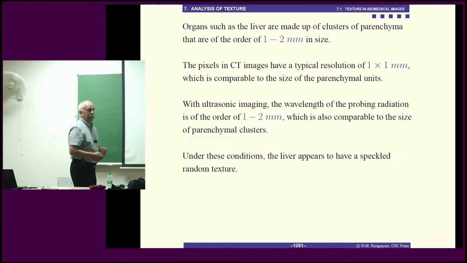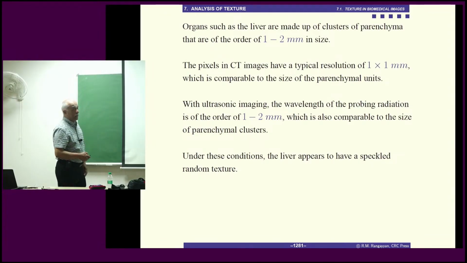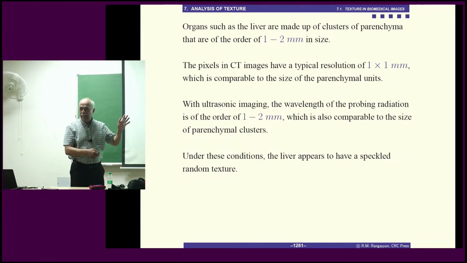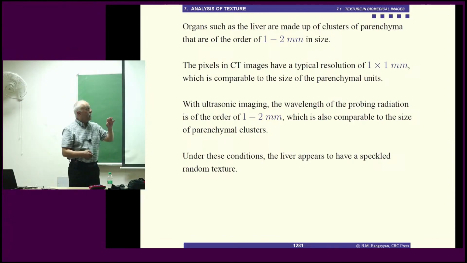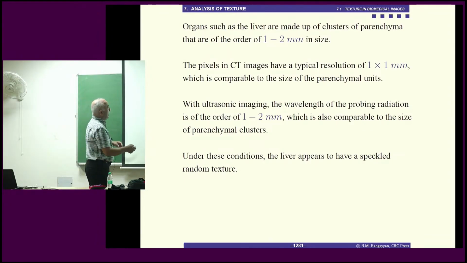Liver and other such organs are made up of clusters of parenchyma, tissue that are of the order of 1 to 2 millimeters in size. The pixels in CT images used to be 1 by 1 millimeter. Nowadays they are better. But suppose your imaging system has resolution of the order of the size of the parenchymal clusters. Then, with ultrasound imaging, the wavelength of the probing radiation is of that order.